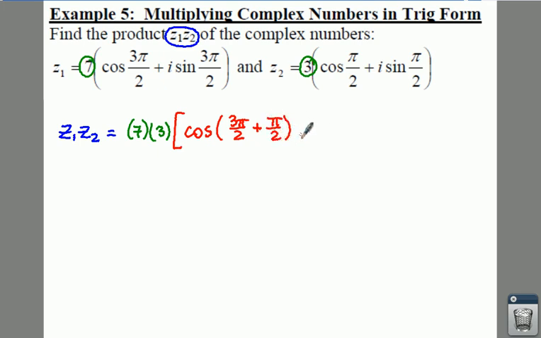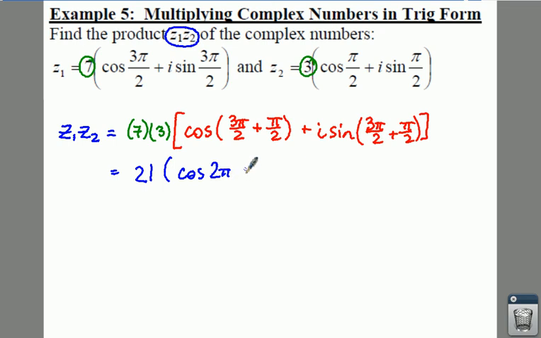And then we're going to have sine of 3 pi over 2 plus pi over 2. And we're just going to simplify all of this. So you're going to get a 21 times a cosine of, 3 pi over 2 plus a pi over 2 is just a 2 pi, plus i sine of 2 pi.